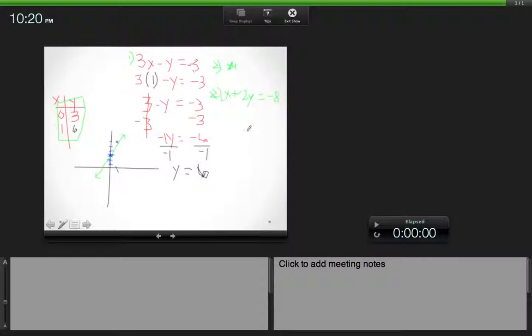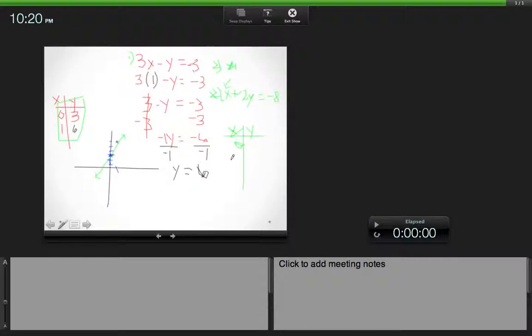So over here, you want to make that XY table. And again, maybe you let x be 0. And you plug in 0 up here for your x. And you simplify and see what your y is.